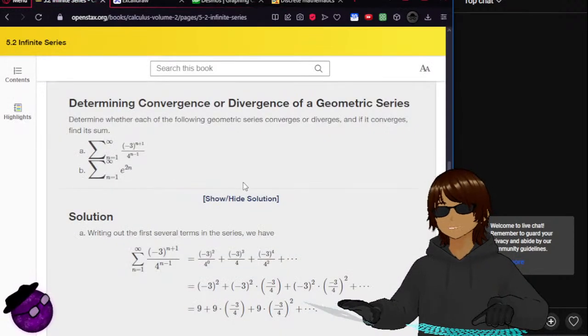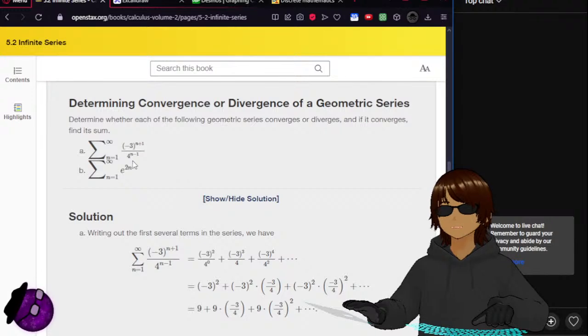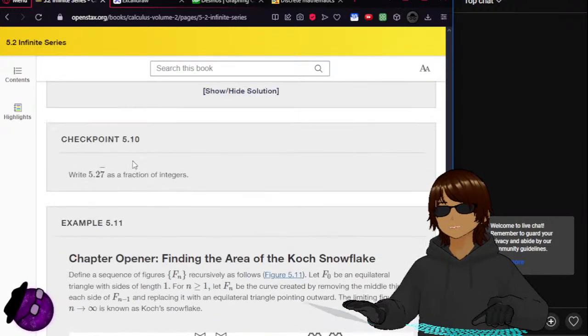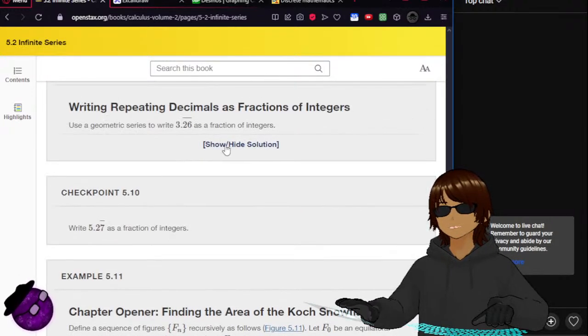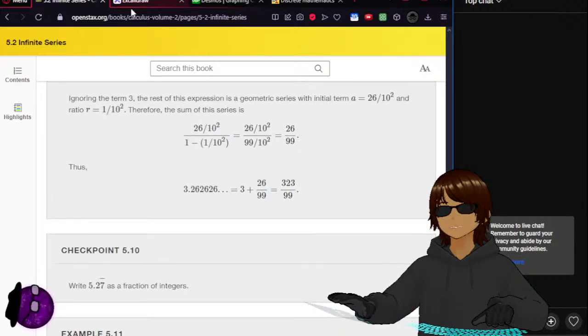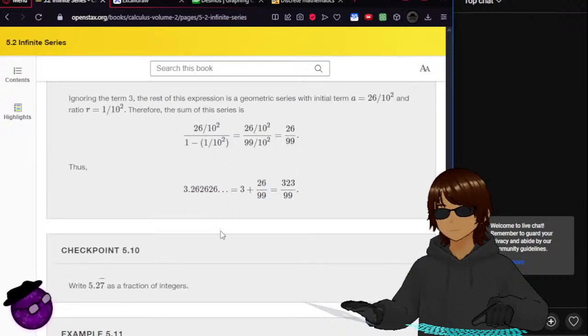Okay, is this the solution? It's a fraction of integers. 323 divided by 99.